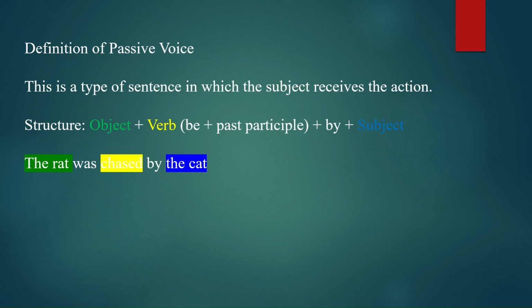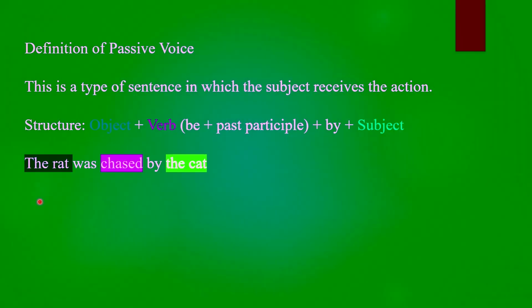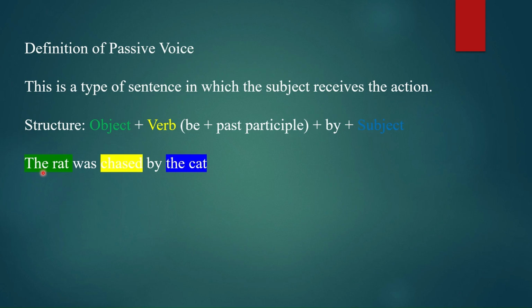You'll see that being illustrated in this sentence: the rat, being our object; was, this is be in its past tense; then chased is the verb in its past participle. Then we follow it by "by", and then we come to the cat, which was our subject in the previous sentence.